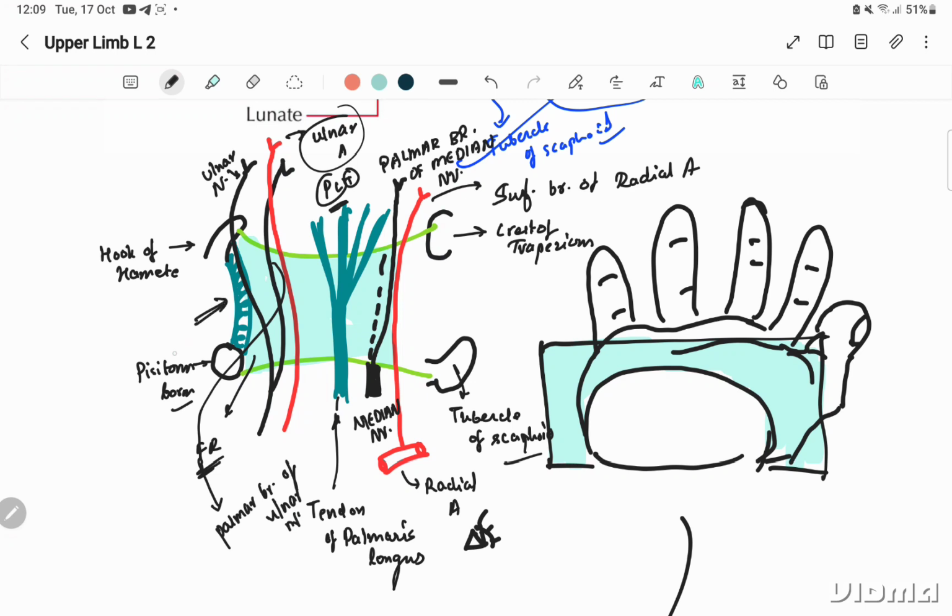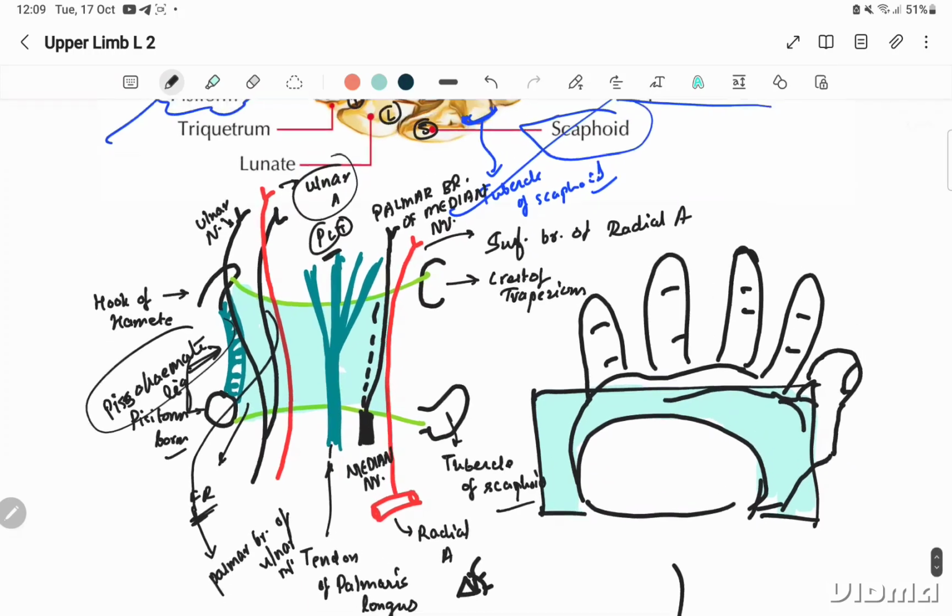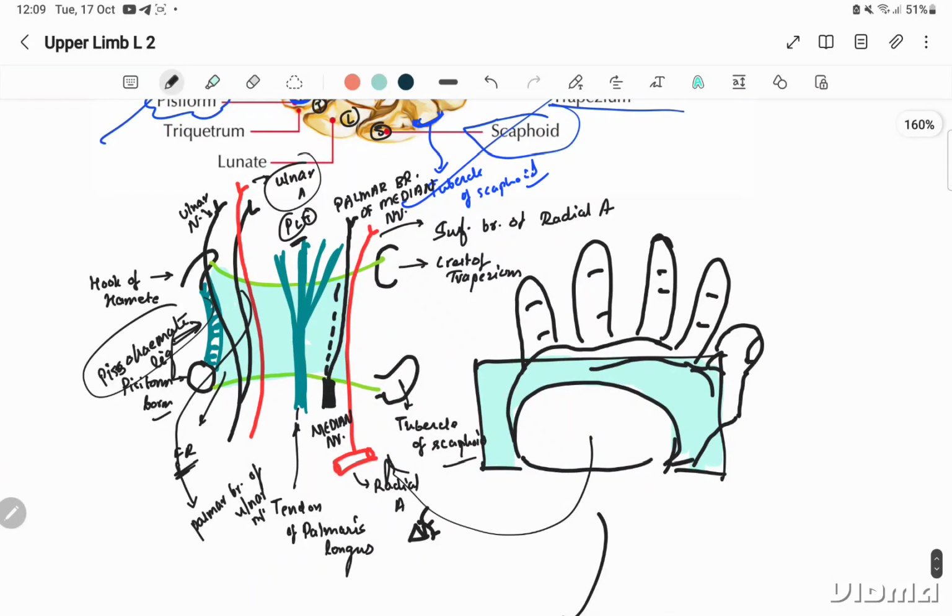There is a ligament here, the pisohamate ligament, that is present over here. So this is the section that I am talking about.